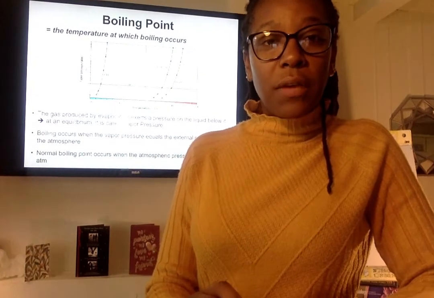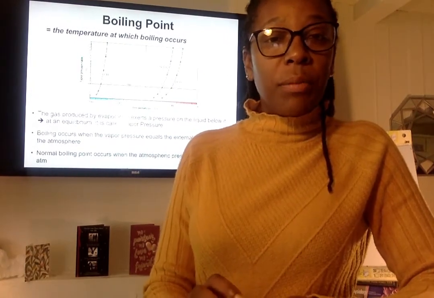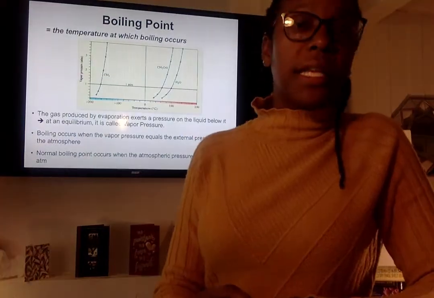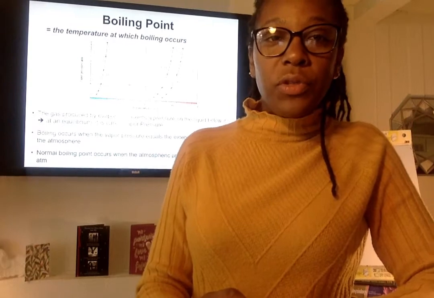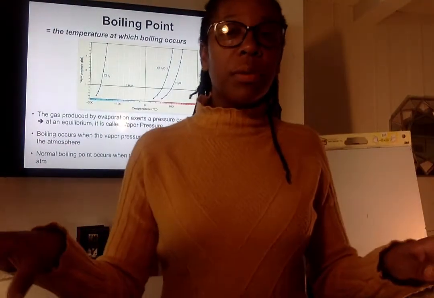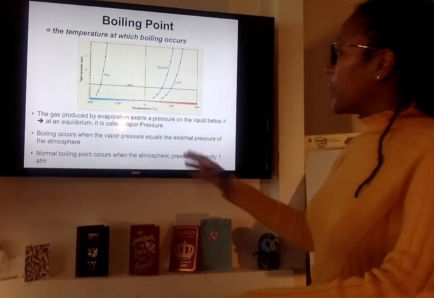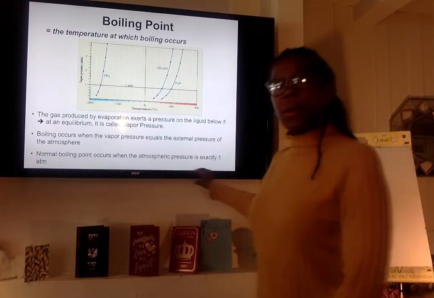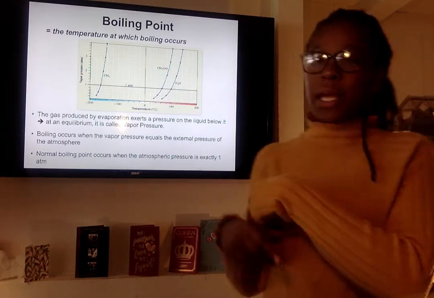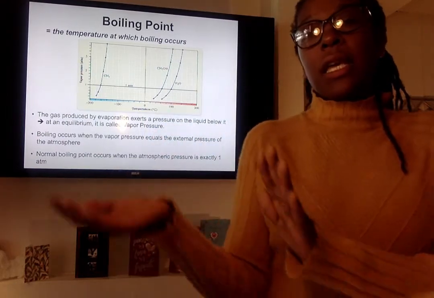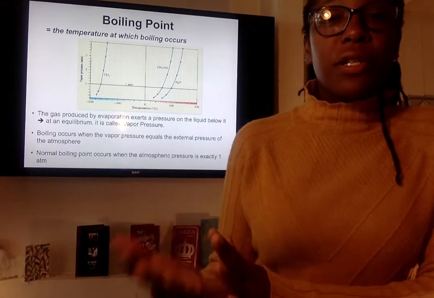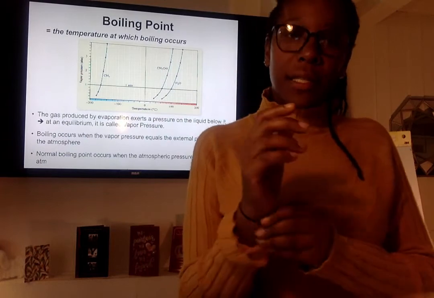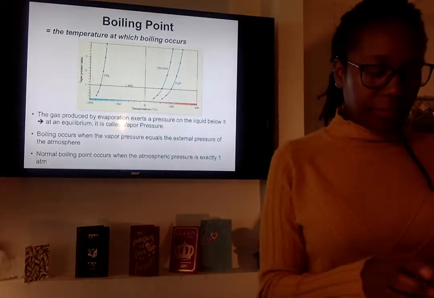Standard temperature is 0 degrees Celsius, and standard pressure is 1 atm. So that's where normal boiling occurs, and that's why it's at 1 atm: the normal boiling is 1 atm because it's standard.